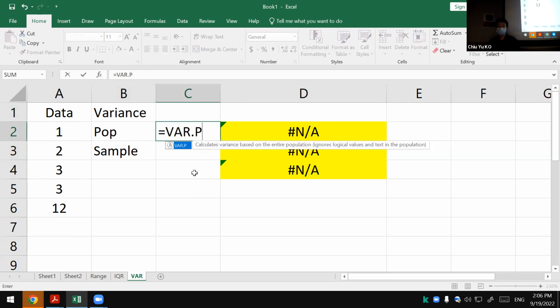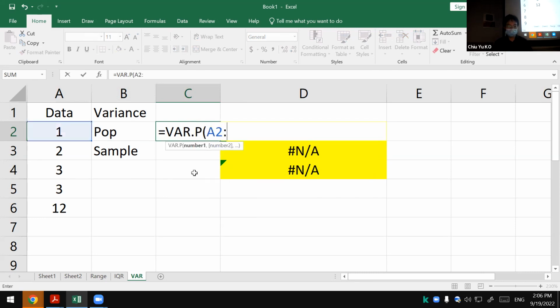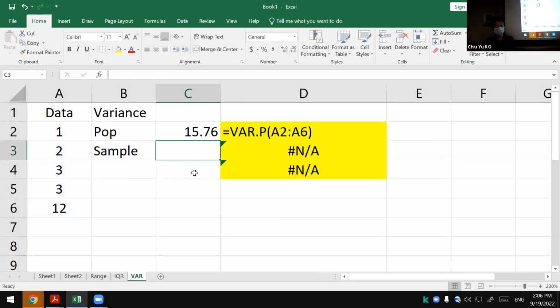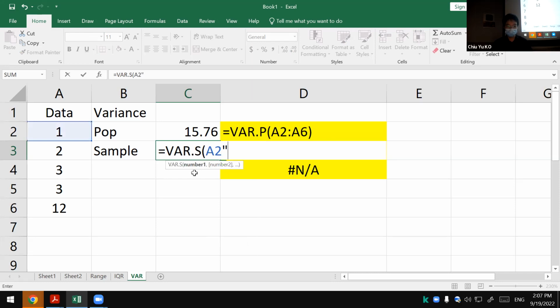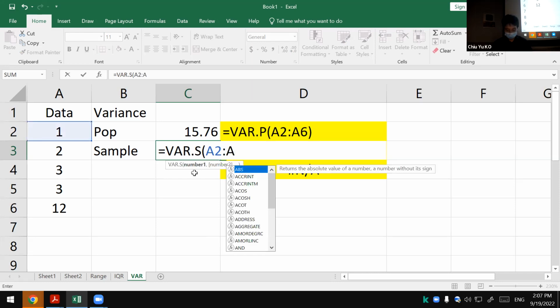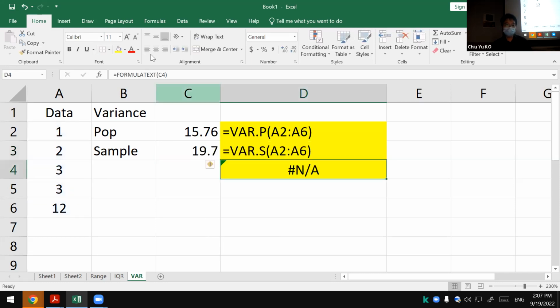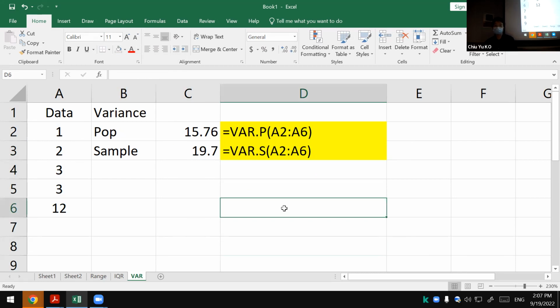VAR.P is the population variance version, A2 up to A6. And if you want the sample version, it will be VAR.S, which is A2 up to A6. So this is how you can get your number for the variance.